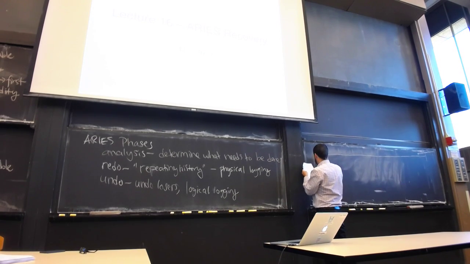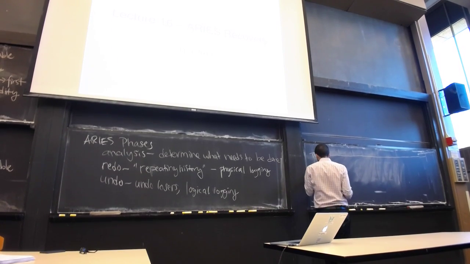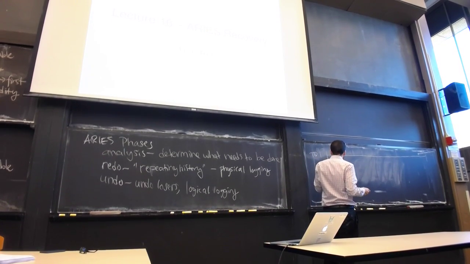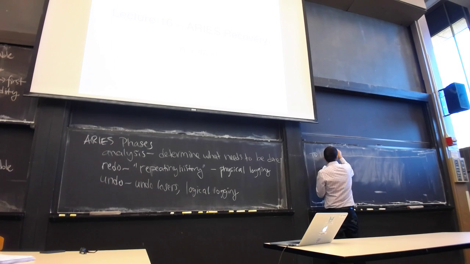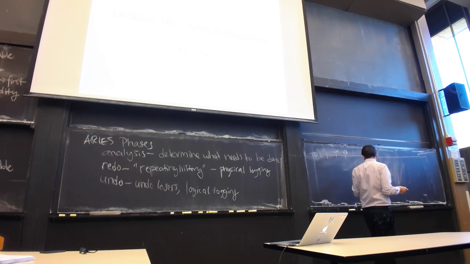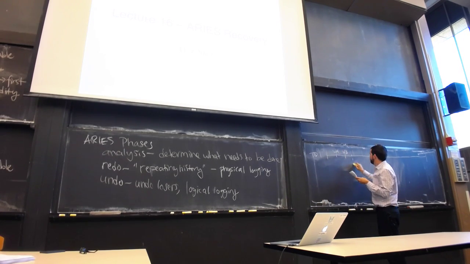So here's transaction 1. It's going to do a write to some object A, and then a write to some object B. Then at this point, the system is going to take a checkpoint.